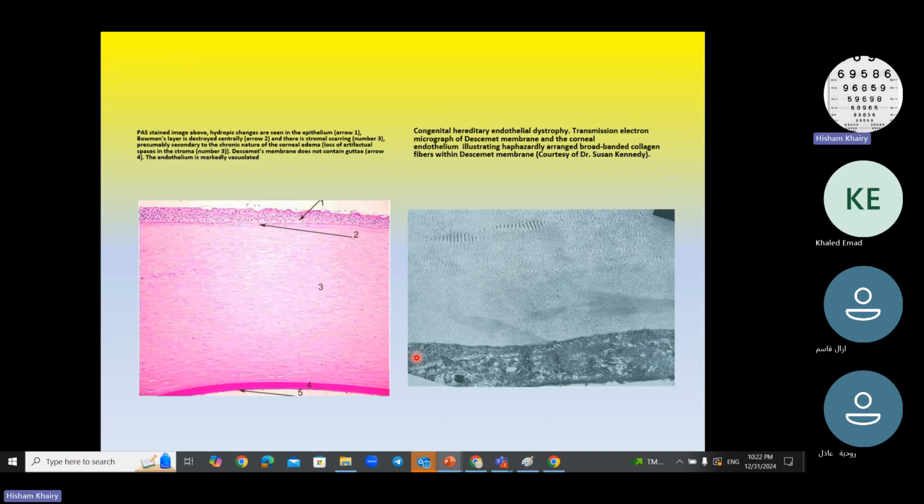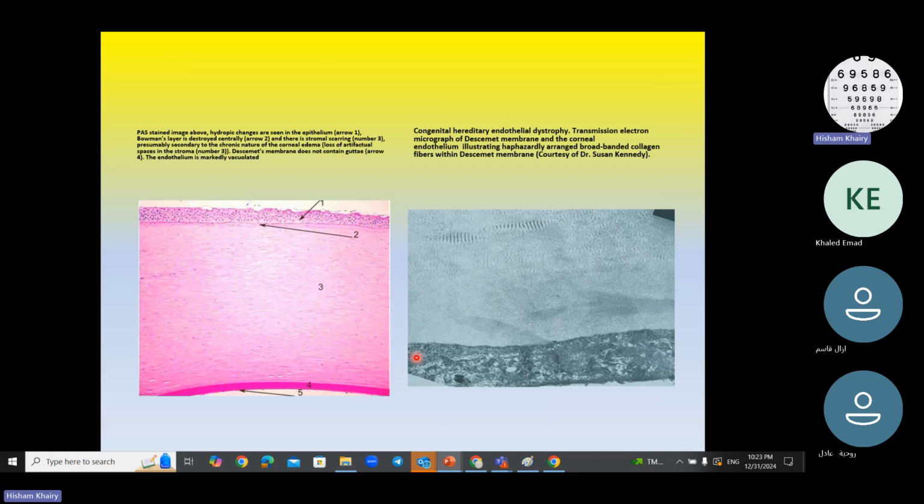If you were lucky enough to get a corneal specimen, you'll see that the endothelium is markedly vacuolated. There are no guttata. Descemet's layer is destroyed.